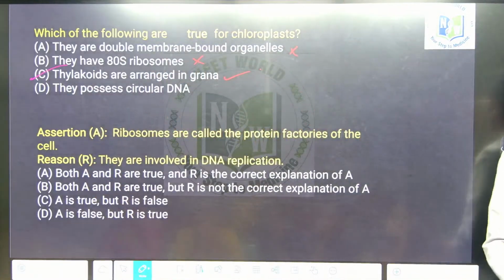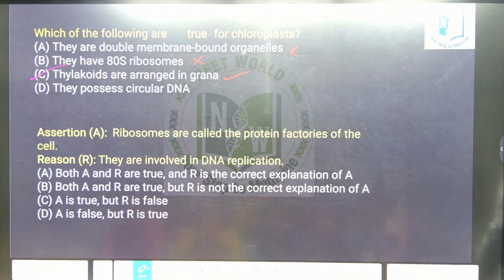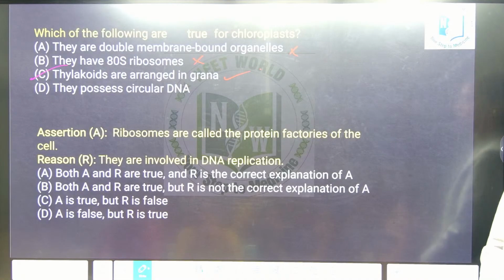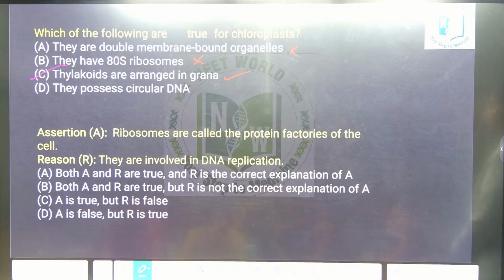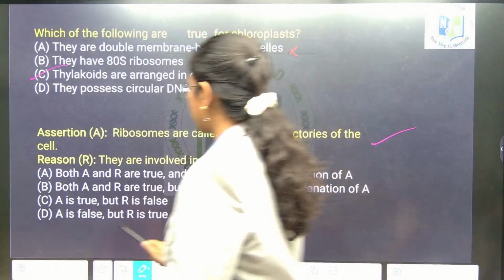Assertion and reason. Ribosomes are called protein factories. True. They are involved in DNA replication. No, they are involved in protein synthesis.